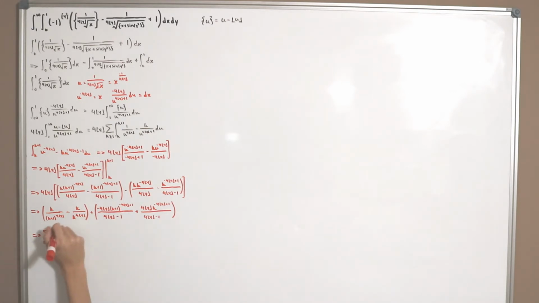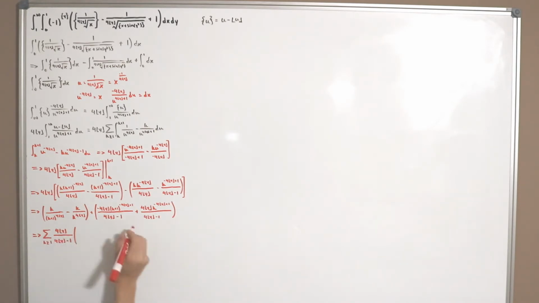We have 4 times the floor of y divided by 4 times the floor of y minus 1, and then 1 divided by k to the 4 floor y minus 1, next is 1 divided by k plus 1 to the power 4 floor y minus 1.